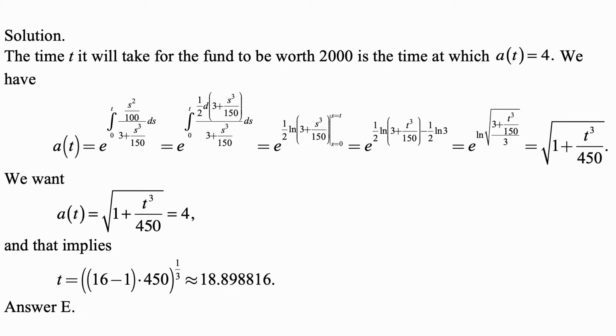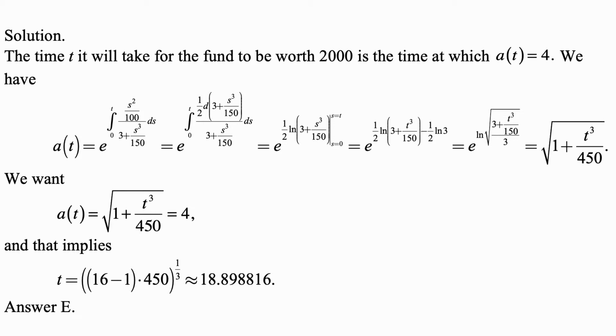And we note that if you take the derivative of 3 plus s cubed over 150, that derivative is equal to 3s squared over 150, and that 3 has a common factor of 3 with 150, so that's the same as s squared over 50.